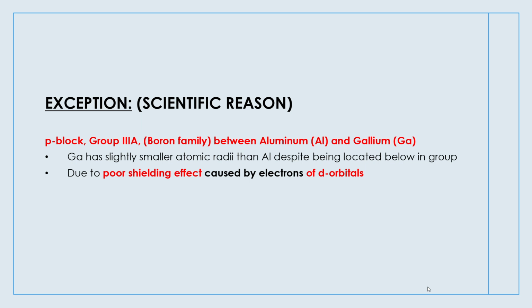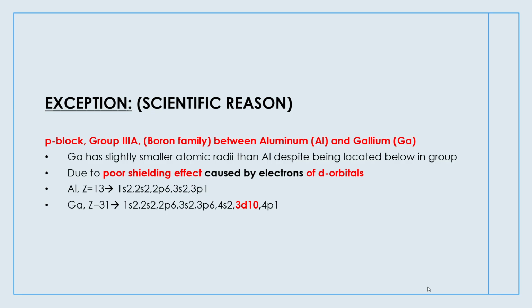What is a shielding effect? The shielding effect occurs when inner electrons fail to effectively block the positive charge of the nucleus from reaching the outer electrons, which leads to a stronger attraction between the nucleus and outer electrons that results in a smaller atomic radius. I have also mentioned the electronic configuration of aluminium and gallium. For aluminium, the valence orbital is p, and for gallium, it is also p.